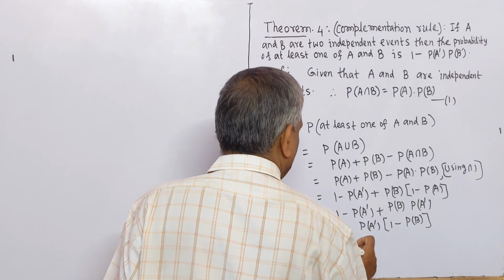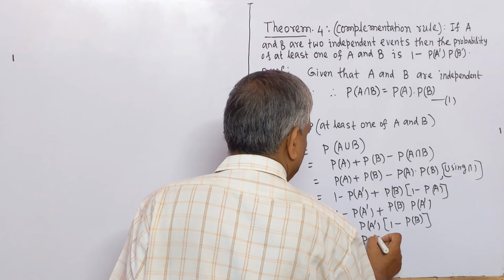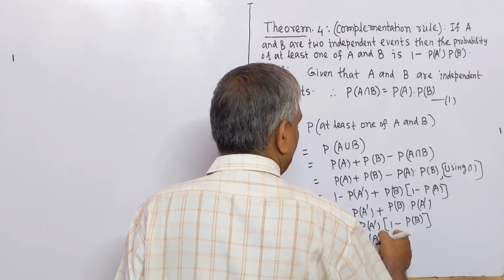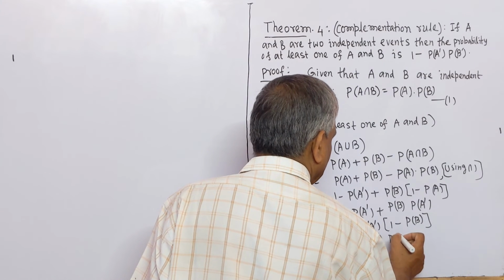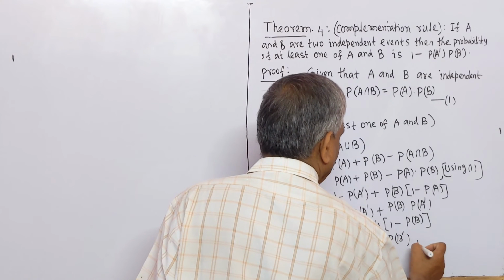This is equal to 1 minus P complement of A, and 1 minus PB is P complement of B, and proved.